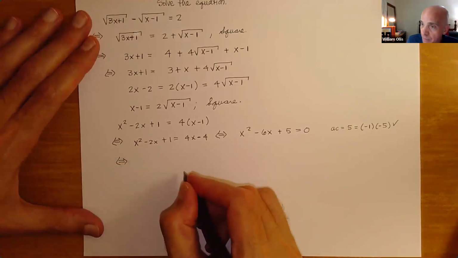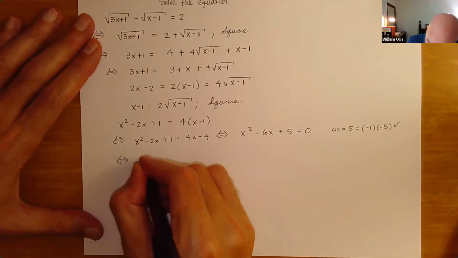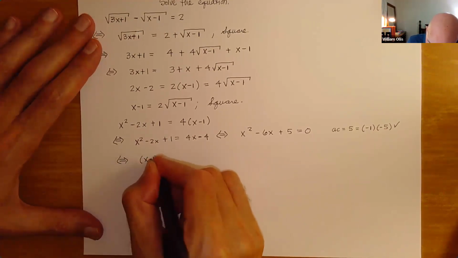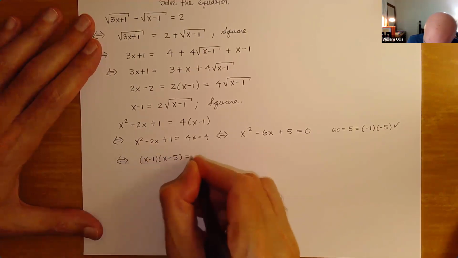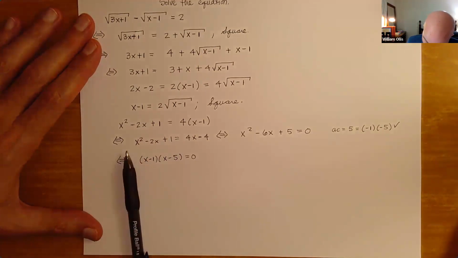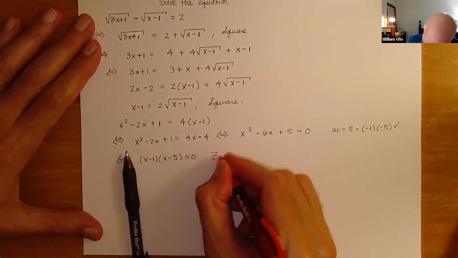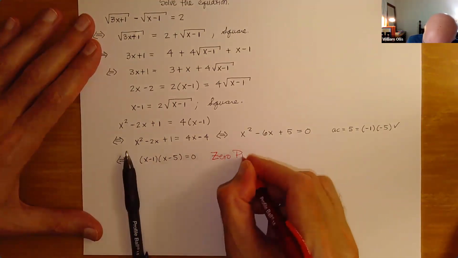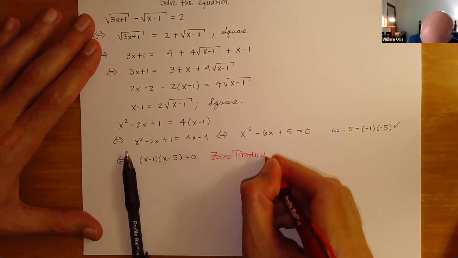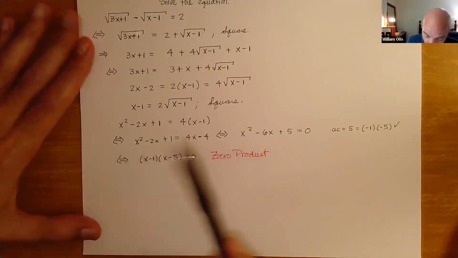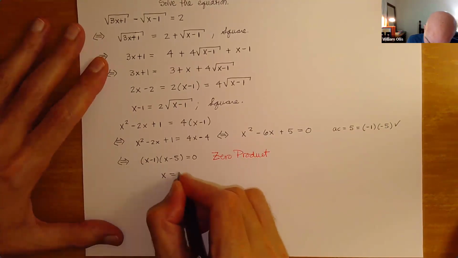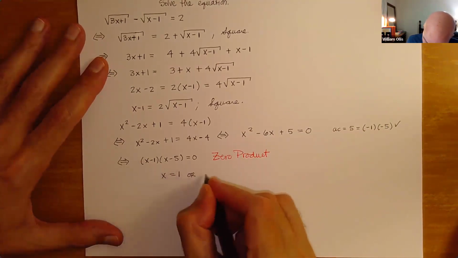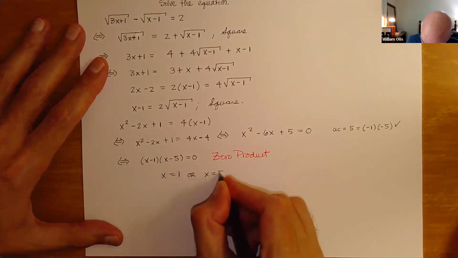This is a very good method. So we have x minus 1, x minus 5 equals 0. And then, of course, we now use zero product. So zero product setting each to 0 will give us x equals 1 or x equals 5.